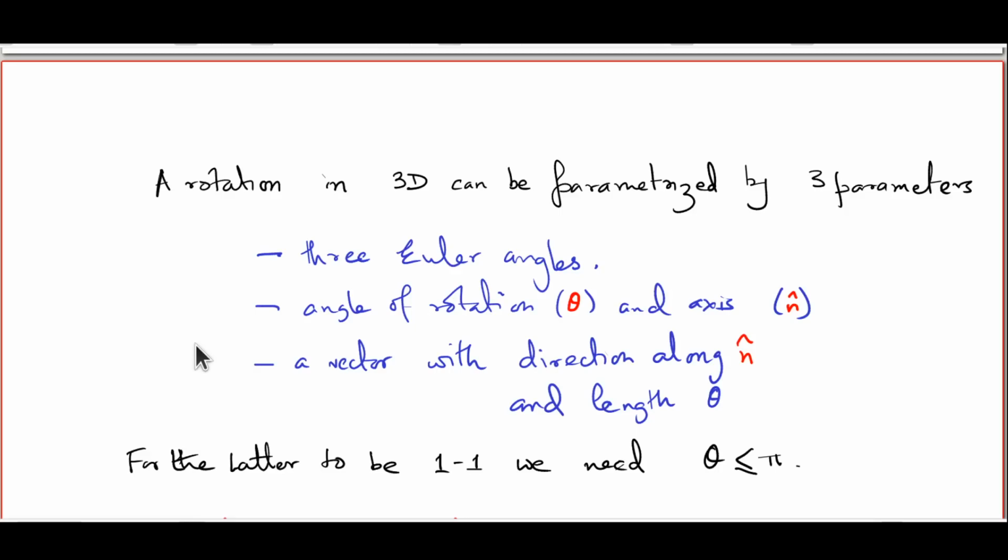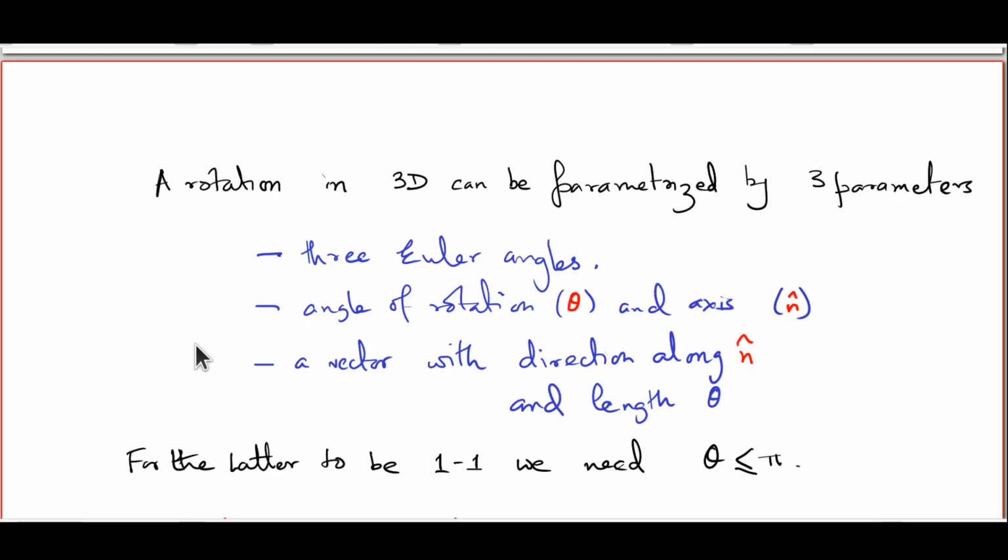Since we are taking vectors in all directions, if we had allowed rotations to go all the way up to an angle of 2 pi, which seemed the natural choice, we would actually be counting each rotation twice. Once as a rotation through theta about axis n hat, again as a rotation through 2 pi minus theta about axis minus n hat.